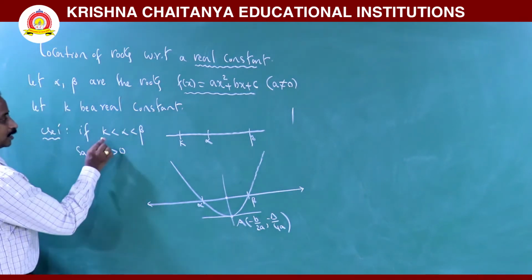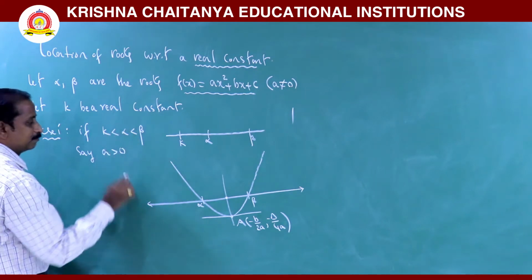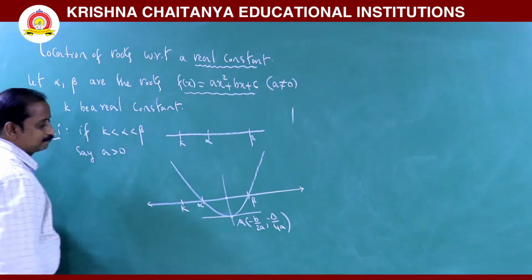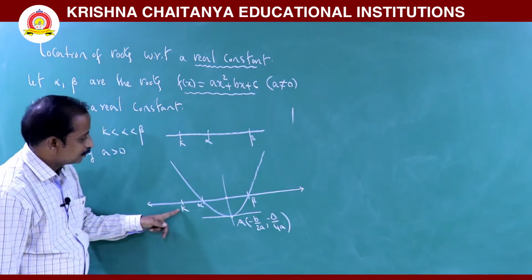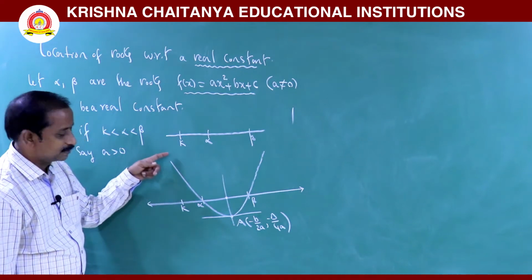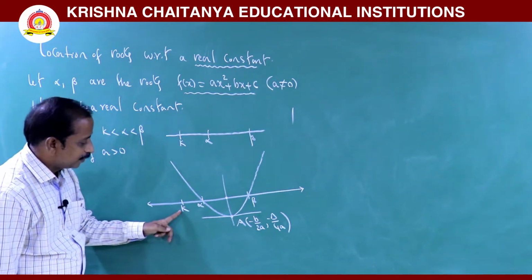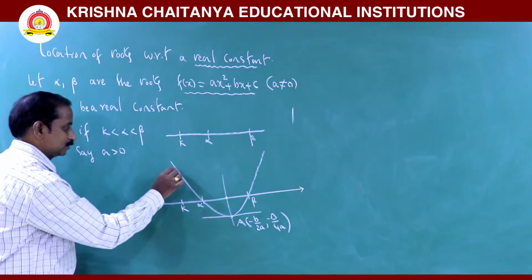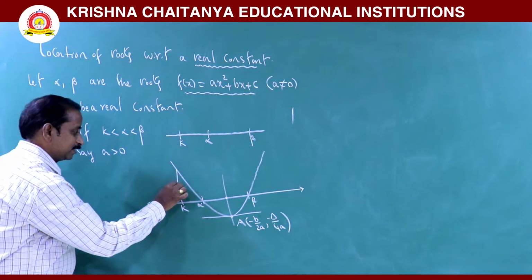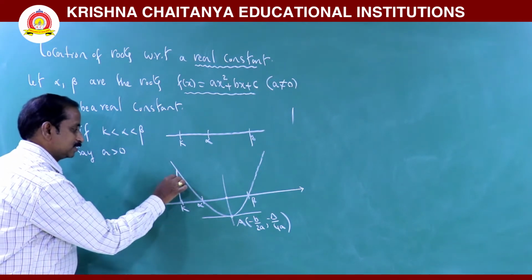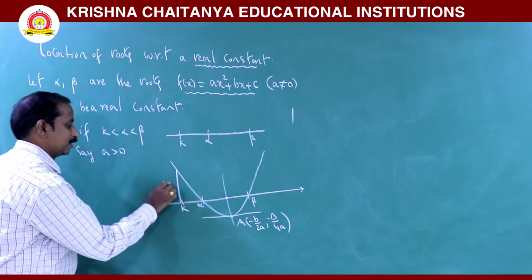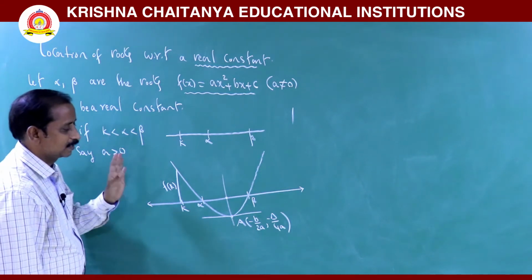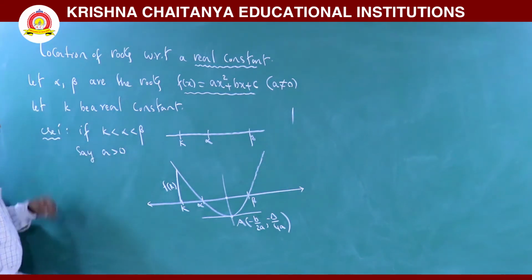Now, k less than alpha less than beta. So, this is our considered real constant. At k, the graph should be above the x-axis. That means at k, its image value is above the x-axis. So, at x is equal to k, this is the function value, which we know is denoted by f of k. So, what are the conditions in this case?